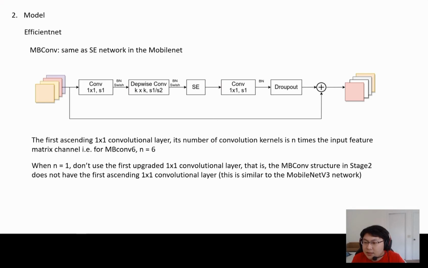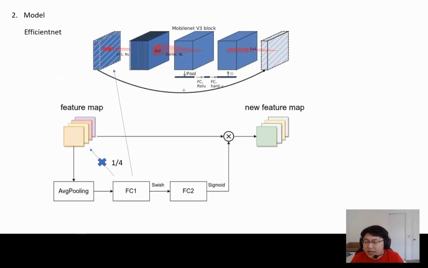Note that in the implementation, only those blocks which have a shortcut connection use a dropout layer. You can go back to the part on MobileNet version 3 to check the details. For the SE module, it has some differences from that of MobileNet version 3.